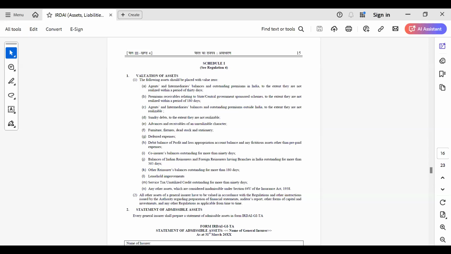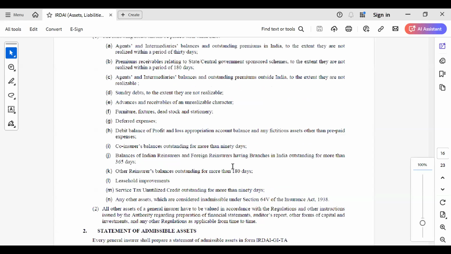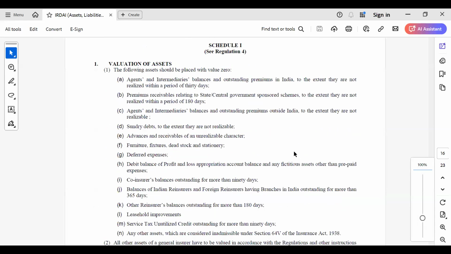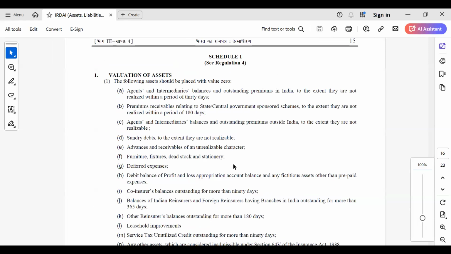Not visible. The screen is visible, sir, but you have to zoom in a little. It's too small. One second. Fine. Yes, sir.